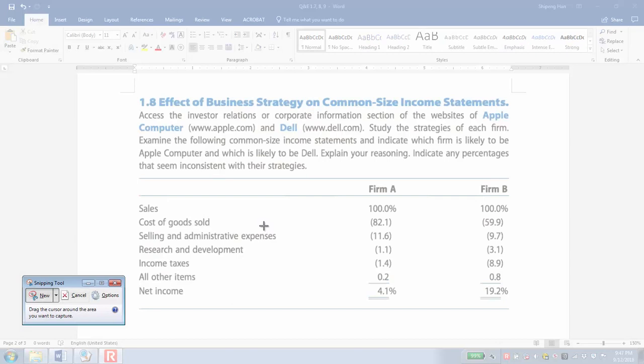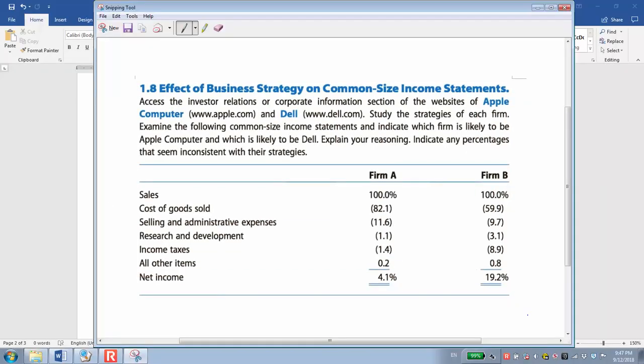Okay, gross margin. Let me use this tool to make some notes. So the difference between sales and cost of goods sold is gross margin. Okay. This shows the efficiency of production. But Dell, on the other hand, does not. Right?